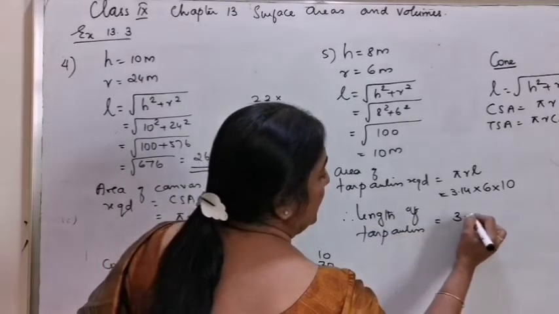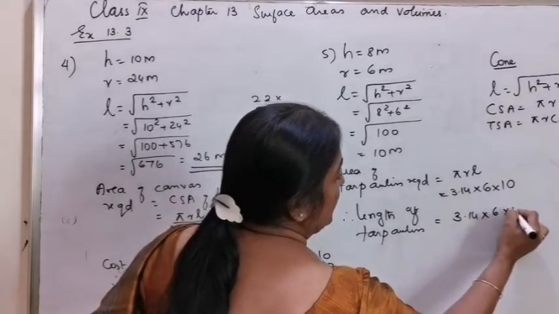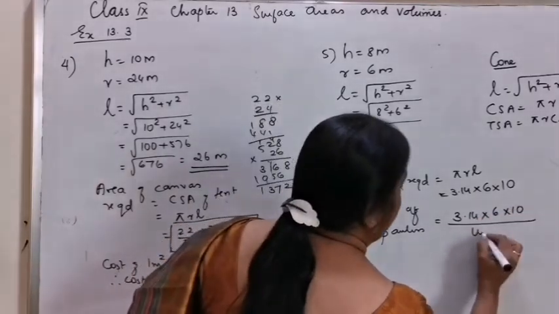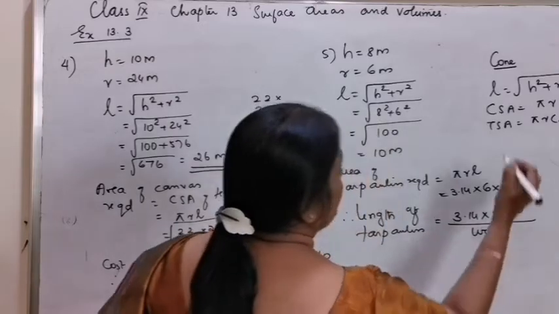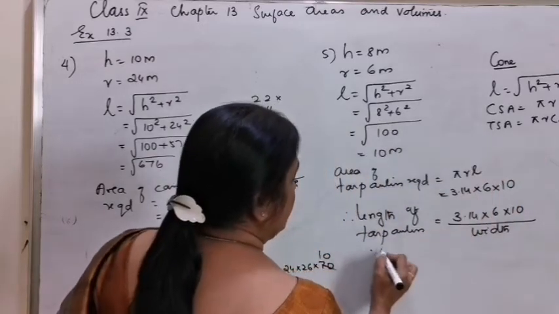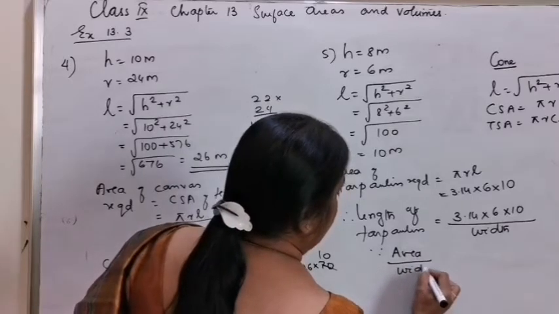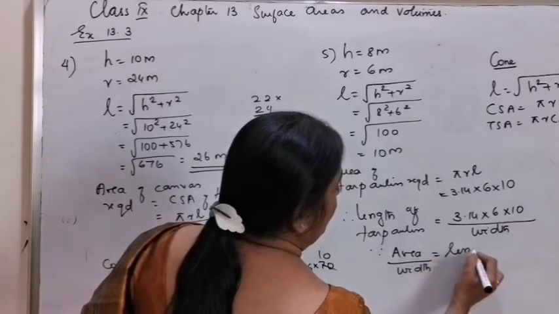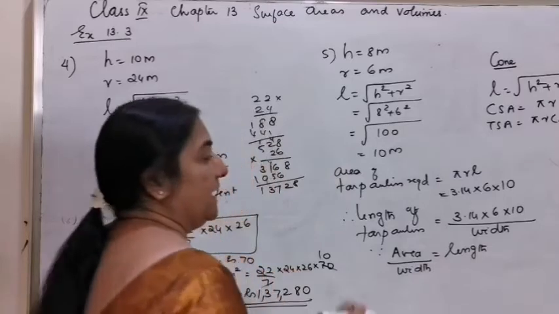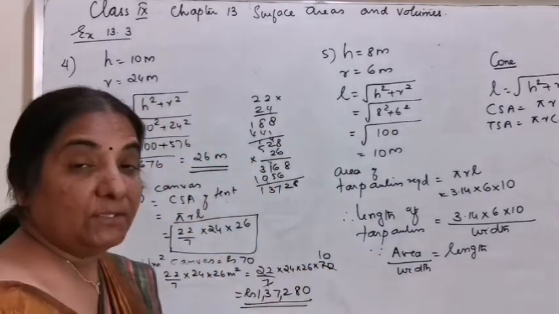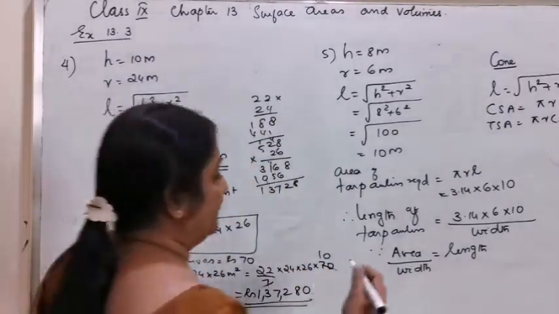It is equal to 3.14 into 6 into 10 divided by the width, because area divided by width gives you the length. We know the area, it is given the width of the cloth is 3 meter.